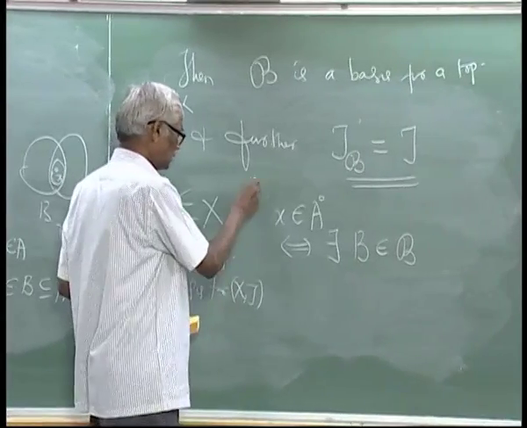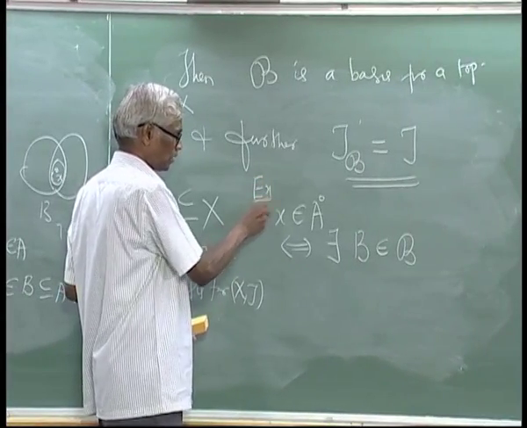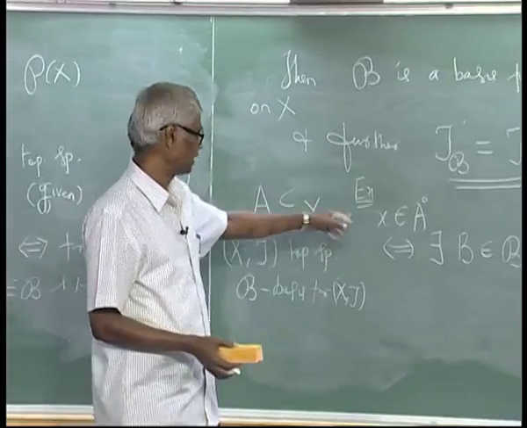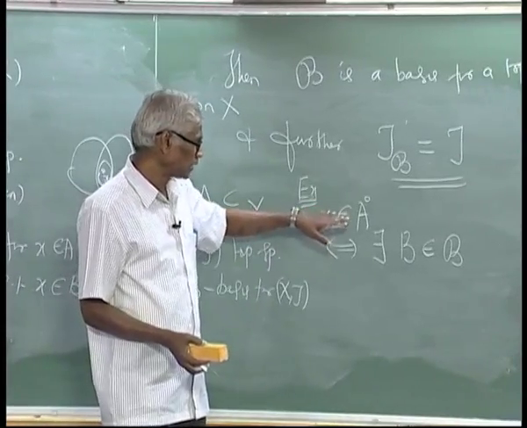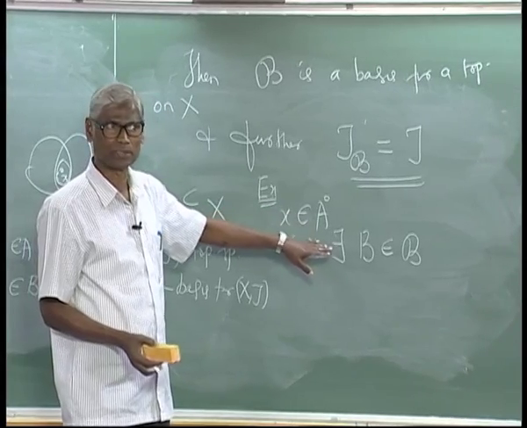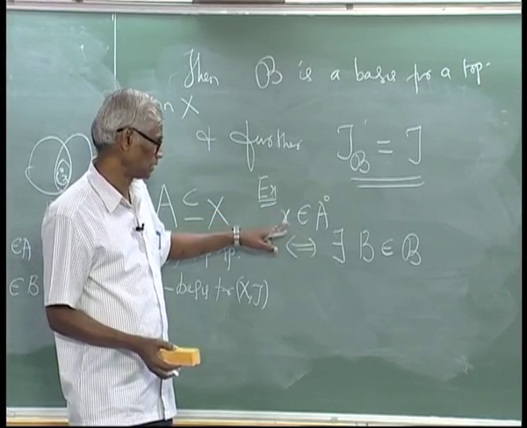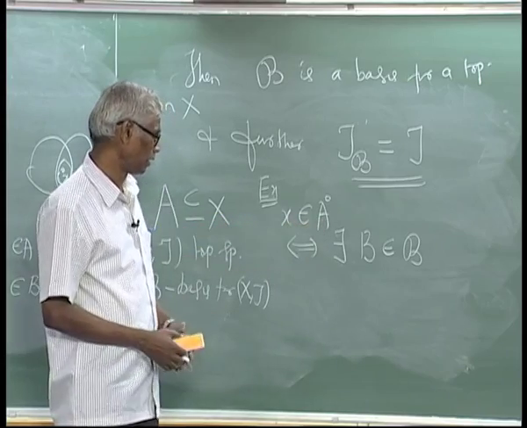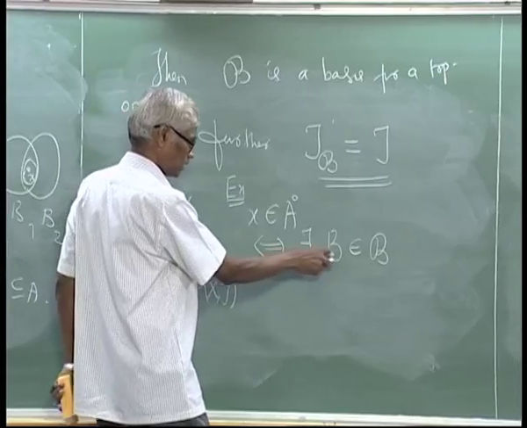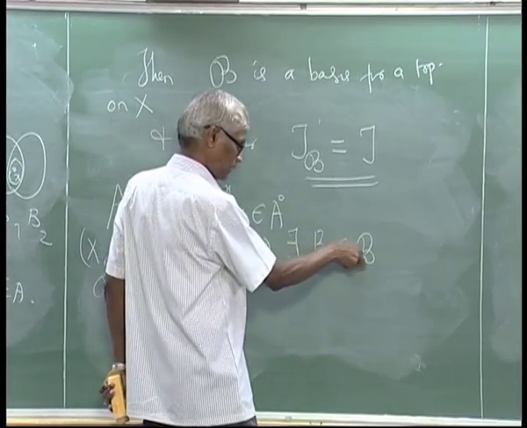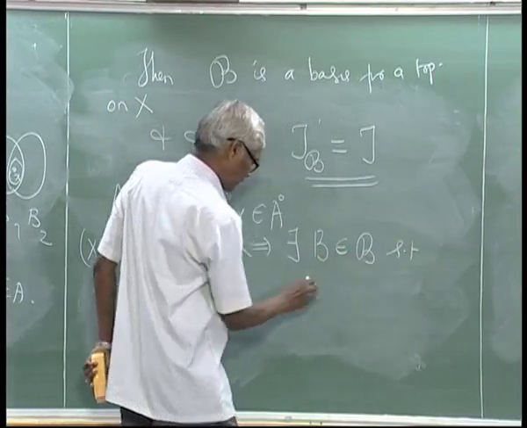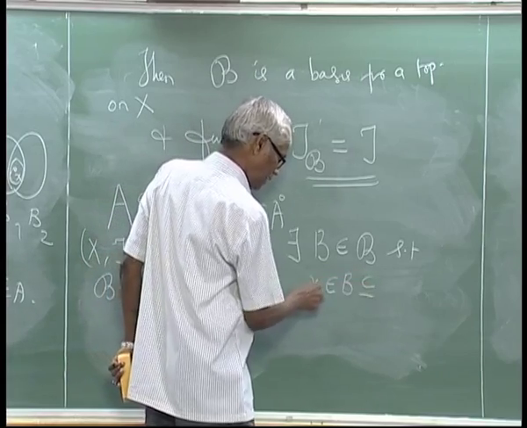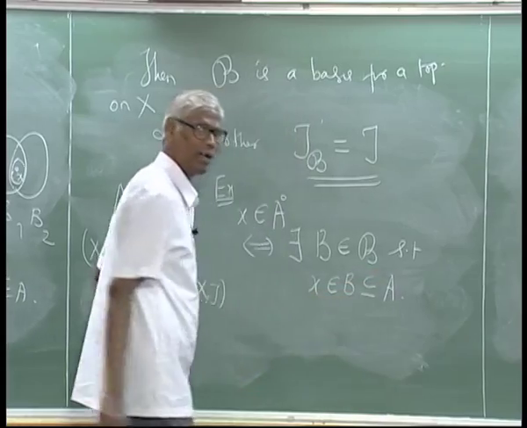Then these are all exercises: if you know what the basic open sets are, from that we can define what an interior point is. X is an interior point if and only if there exists a basic open set containing X contained in A.